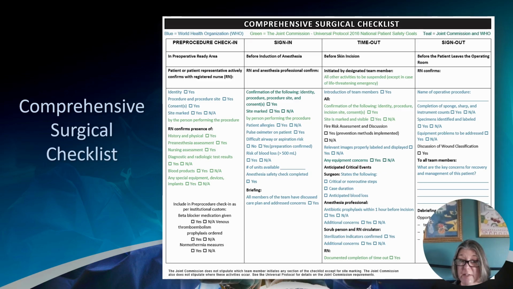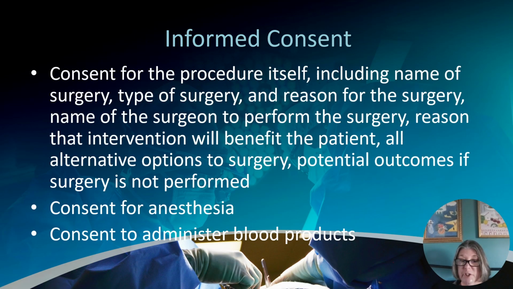This identifies the timeout, all the pre-op, right patient, right site, all of that stuff. Those checklists can actually be tailored per facility. So your checklist is not going to be identical at every single facility, but it's going to have basically all the same stuff.